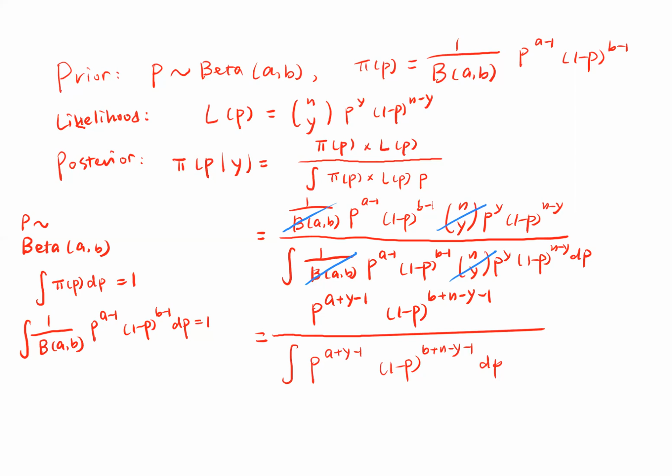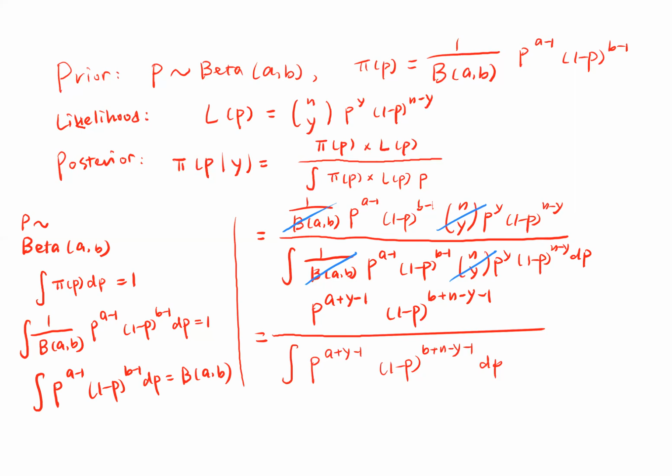So if I only care about the integration of p^(A-1)(1-p)^(B-1) dp, I simply move the constant from left to right, and that gives me the beta function B(A, B). This is a given result. It's going to work for any beta distribution that you have, okay?